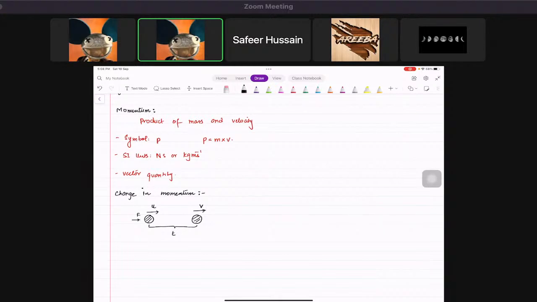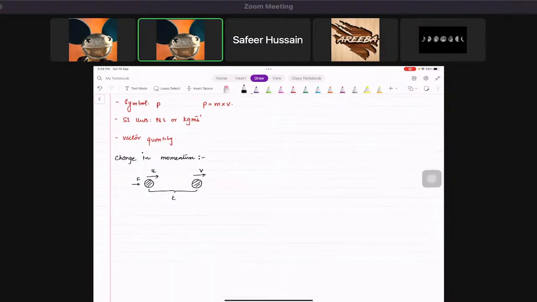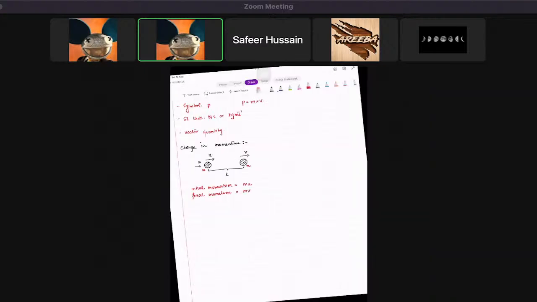So then we can say that the initial momentum, suppose the mass of this object is m, was mu, and the final momentum is mv.